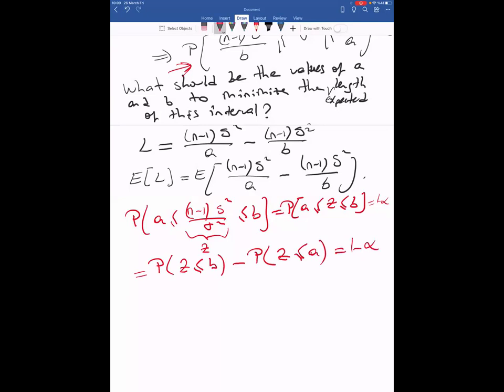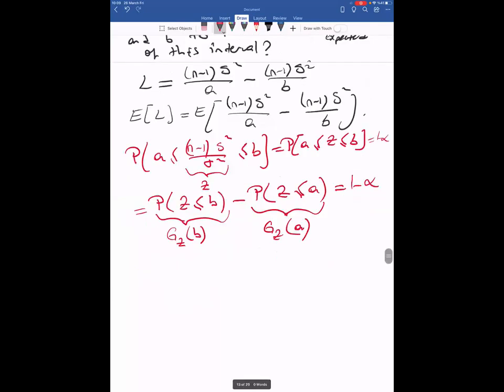So let's name this G, using the distribution of Z at point B. And let's say this is the CDF of Z at A. Then we have this quantity. So we want to minimize the length, and we know this.